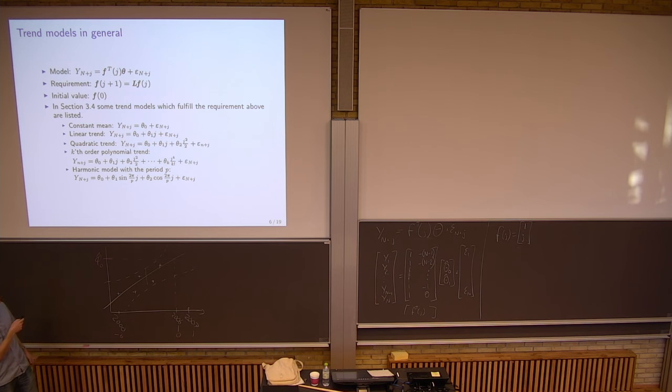But if you go to a quadratic trend or a polynomial trend, you just add more columns everywhere and things get more complicated. You can say, why do I have for the quadratic trend j squared over 2 rather than just j squared? The reason is it makes L look nicer.